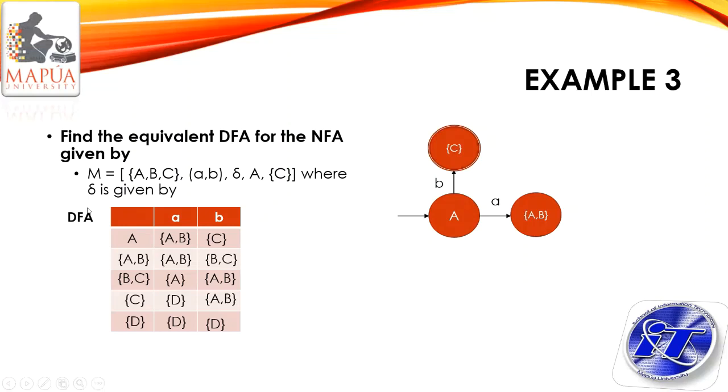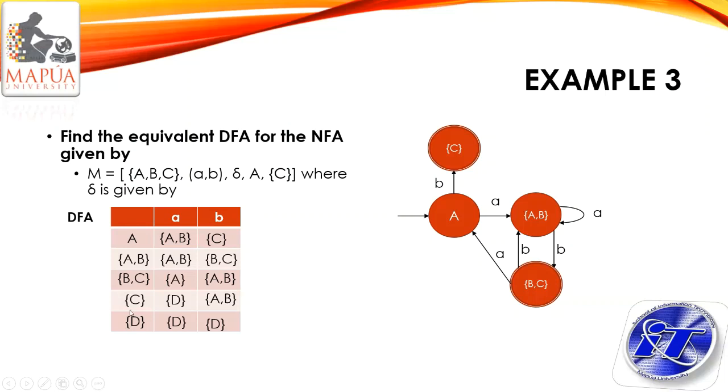Going back to the table, we have AB. When A, it will just loop within itself. But when B, it will go to BC. So this will be a final state since we have C in this new state. Okay? So from the BC state, if it encounters A, it will go back to A. And if it's B, it will go to AB.